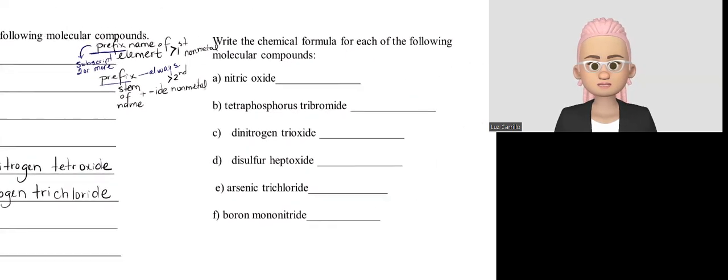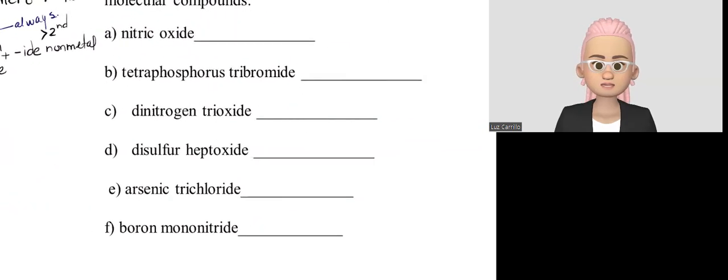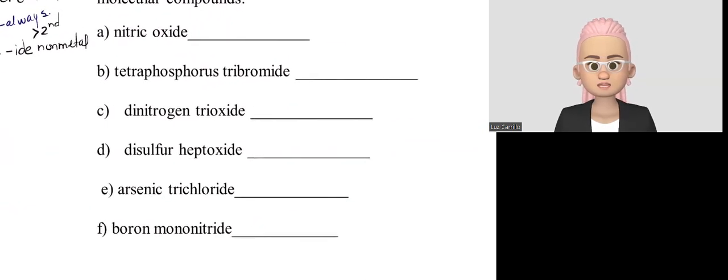Now, what if we're given a name? How do we come up with a chemical formula? Well, you read whether there is a prefix or not, and then you put the symbol for the element that you're working with. For this, I am going to do letter D and letter E. On letter D, I observe that I have disulfur.